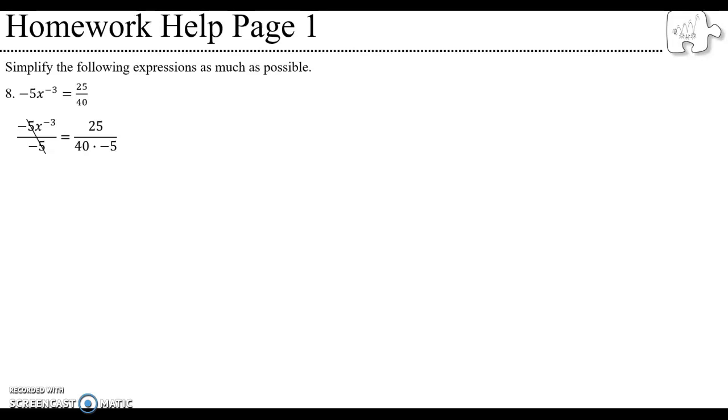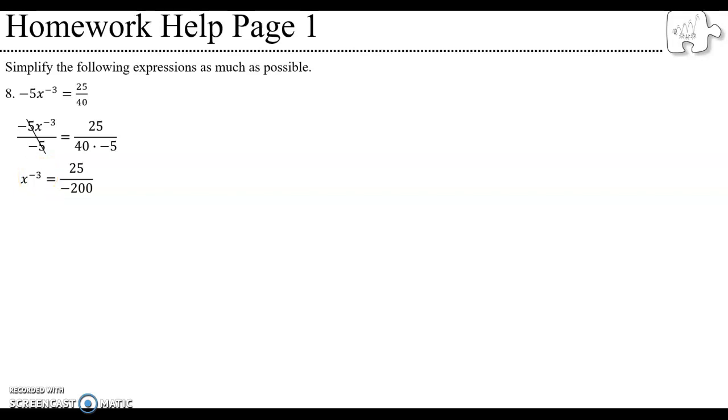And now we have x to the -3 equals 25 over -200. All right, so the next thing is, you could do this in one big step, but I'm going to do this in 2 small steps. First, let's just get rid of the negatives here, because I don't like negatives.